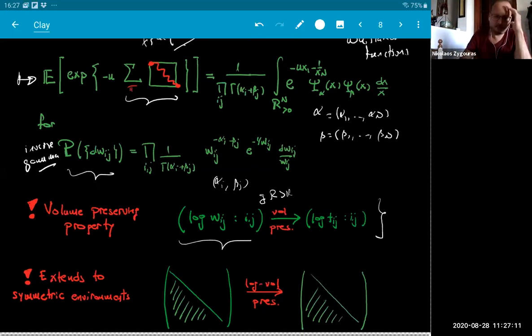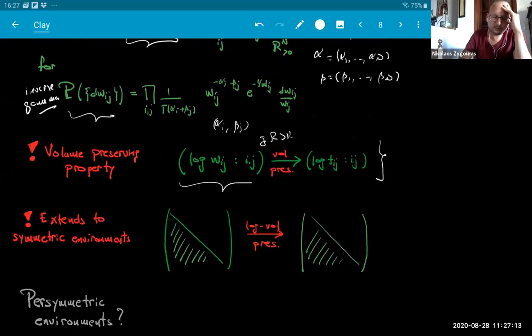And one of the things, and actually that was a motivation to look at these volume preserving properties, was that we wanted to extend the geometric RSK to the case where you have a matrix environment which is symmetric along the diagonal. And the motivation for this was the earlier work of Baik and Rains, where they had looked at last passage percolation also on matrices with symmetries.